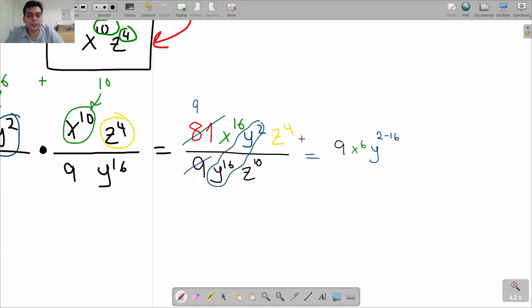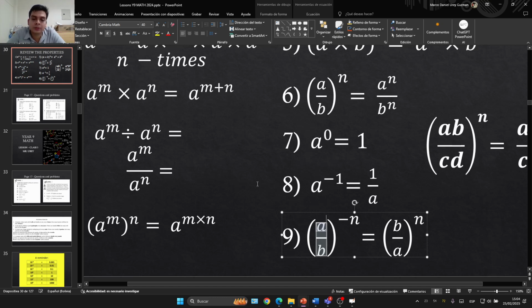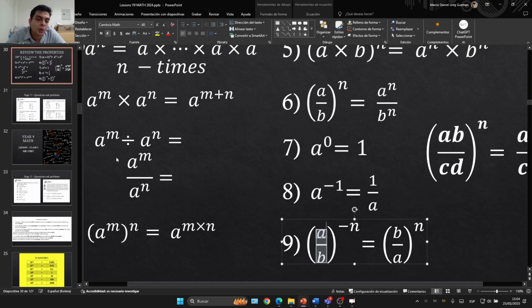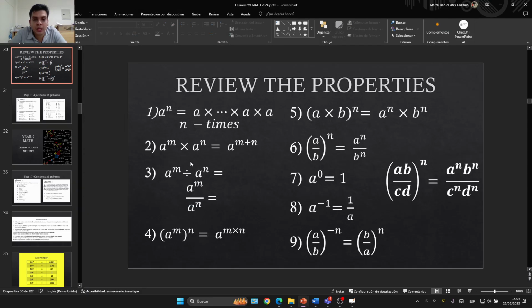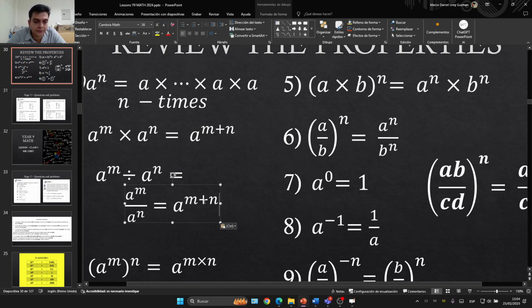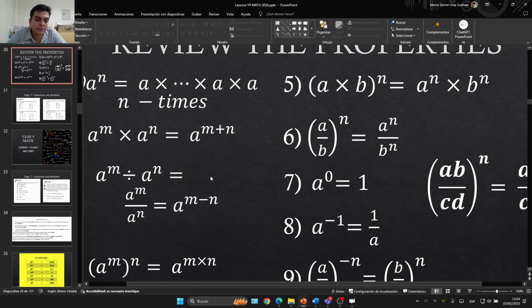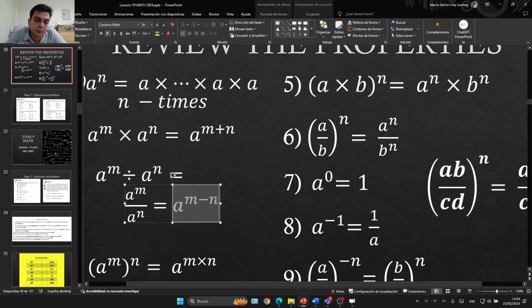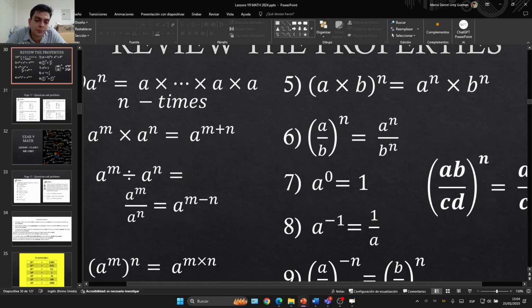Now, if you're wondering why we are doing that, it's because the property tells me that whenever you have division of exponents, the exponents will have to be subtracted.